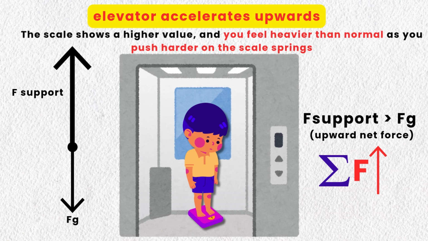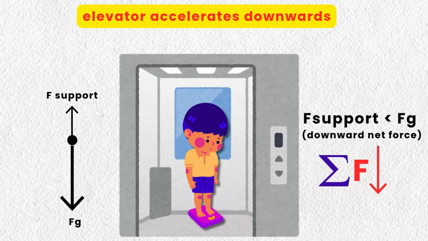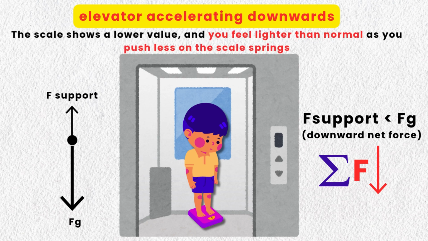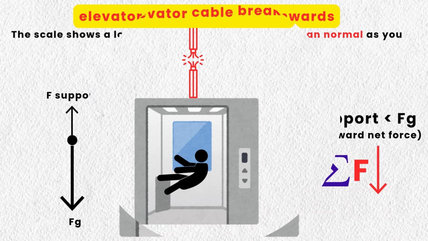The scale shows a higher value and you feel heavier than normal as you push harder on the scale springs. When the elevator accelerates downward, the support force becomes smaller than the gravity force due to the downward net force. The scale shows a lower value and you feel lighter than normal as you push less on the scale springs.